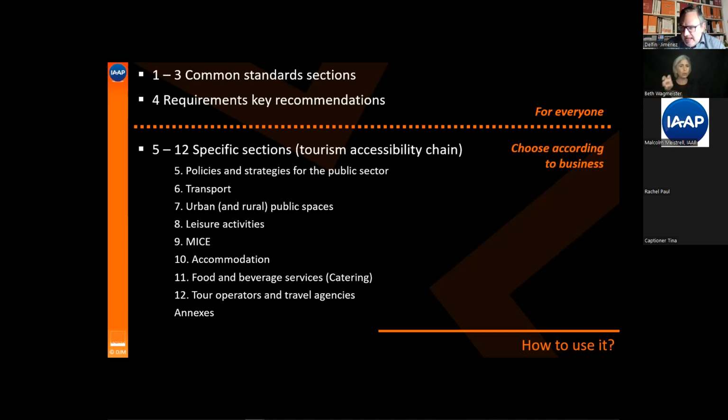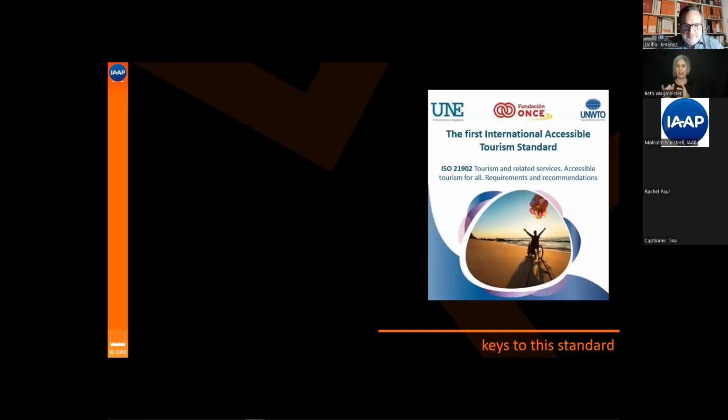If I have a hotel, then I have to consider sections from 1 to 4, and I can look for my section, number 10, accommodation. In that case, apply sections 1 to 4 and number 10. In another situation, apply sections 1 to 4 and the other section. This is the idea of how to use the standard.